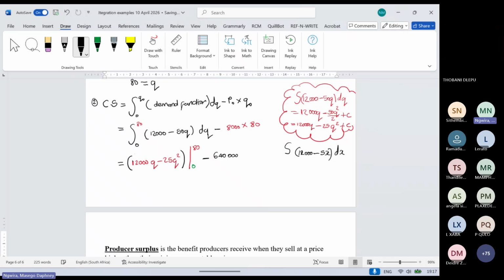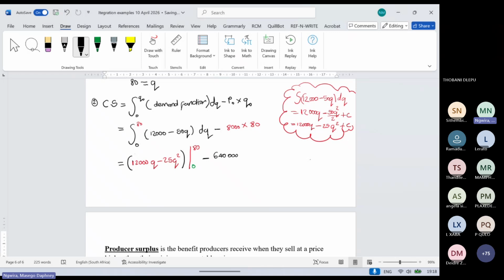No. You are integrating with respect to x. The dx means with respect to x. So the only difference between this one and this one is the letter x and the letter Q. You understand now? You can carry on. All right, now we are going to apply the limit.